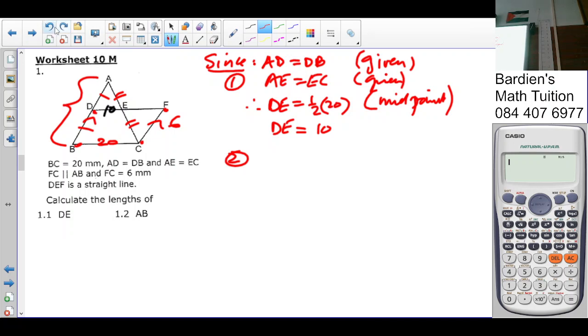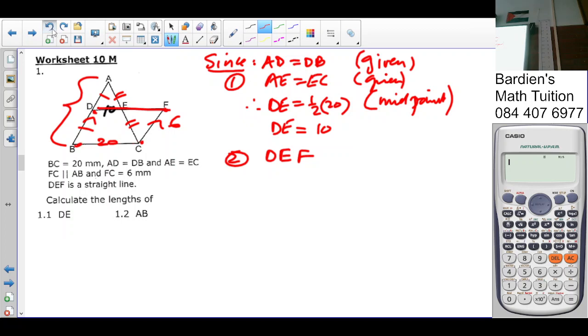But they did not tell us it's a parallelogram, so I can't just assume it's a parallelogram. I must lay down my case why it's a parallelogram. So what do we say? For parallelograms, one of five things I'm going to prove. I'm going to use the two pairs of opposite sides parallel. So we know that DEF, this line here, is in fact parallel to BC.